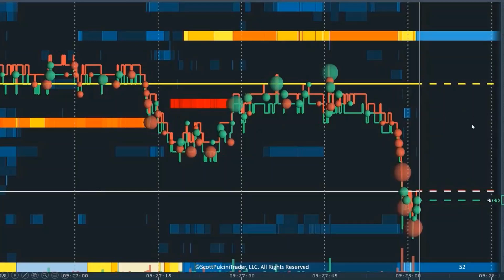Even though I don't have the entire book over here, you can see by the coloring that they might be, for example, buying 20 over here and selling 30 down here. So they decided to change their stance and be sellers instead of buyers.